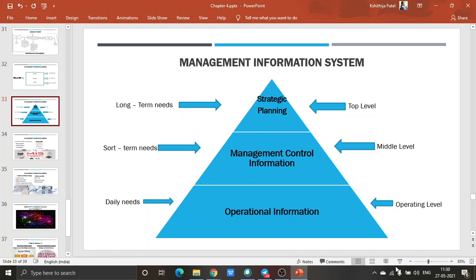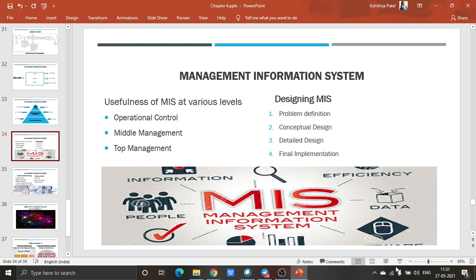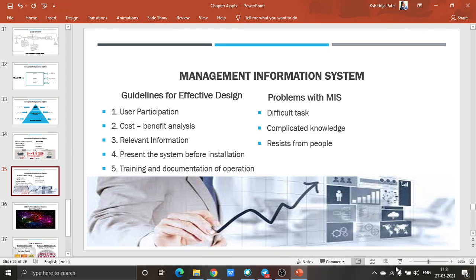Then it is all about strategic planning, management control information, operational information, how it is in terms of long-term planning, short-term and daily needs, how it is in terms of top level, middle level and operating level management, the usefulness of MIS, how the designing of management information system is, and guidelines for effective design and some problems. So you should be able to explain this in tomorrow's class.